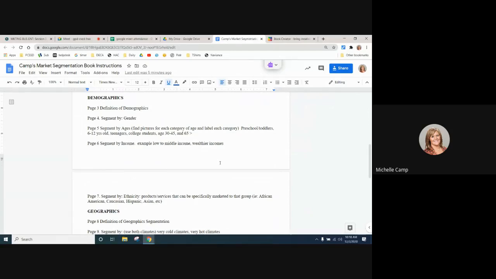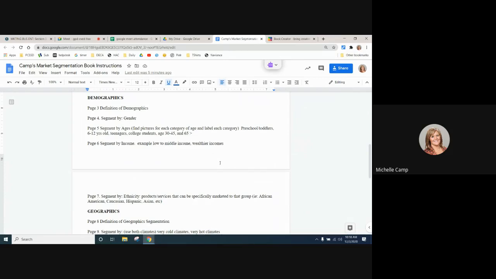And when we look at demographics, we're really looking at, I like to say, characteristics that people can't always change about themselves, or sometimes they can, but you'll get a clear picture of what demographics are. So we can divide the market up by gender.